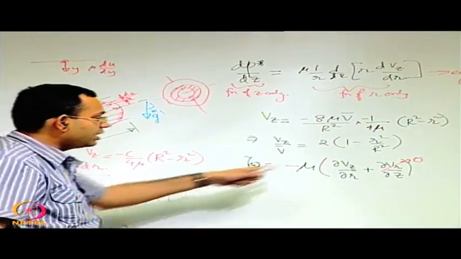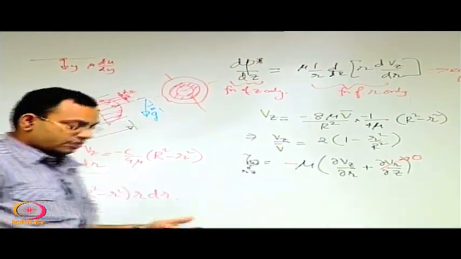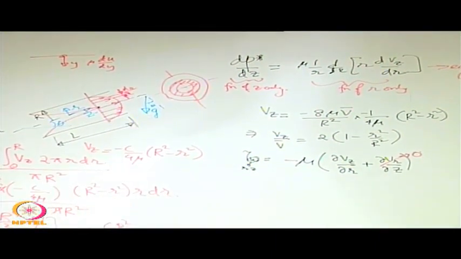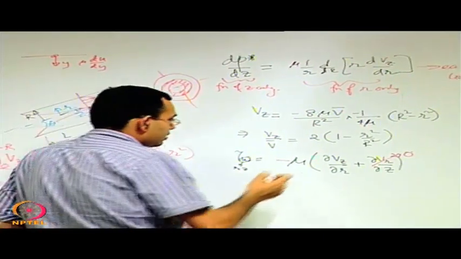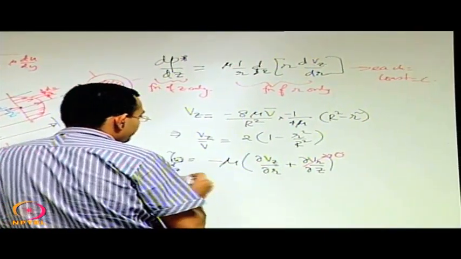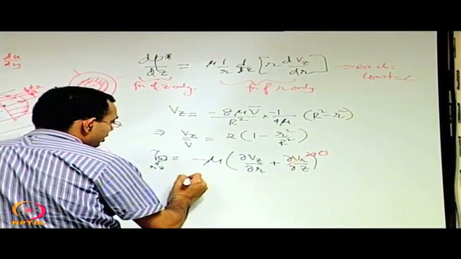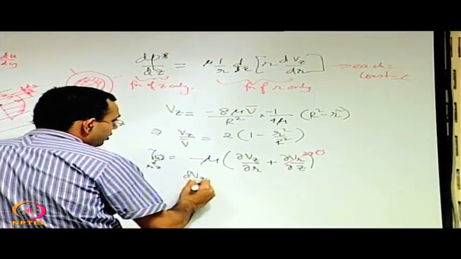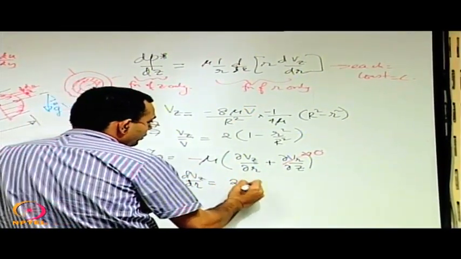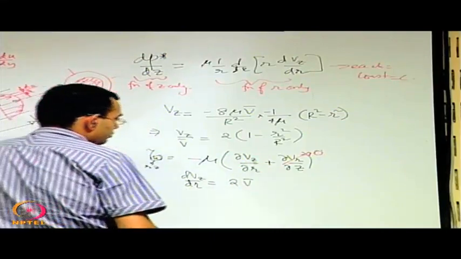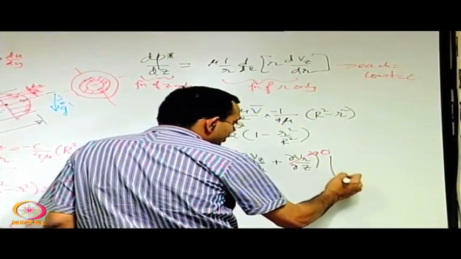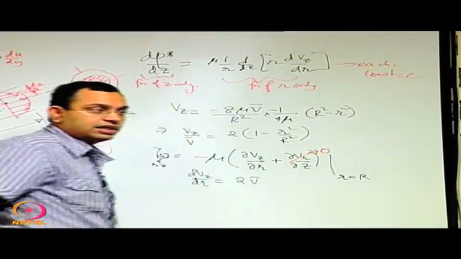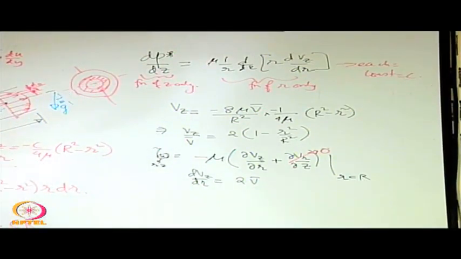So you have to make it up with a minus sign. So the wall shear stress therefore, if you just differentiate it with respect to r, dVz dr is like 2 V average, this entire thing evaluated at small r equal to capital R, that is, the wall is located at small r equal to capital R.